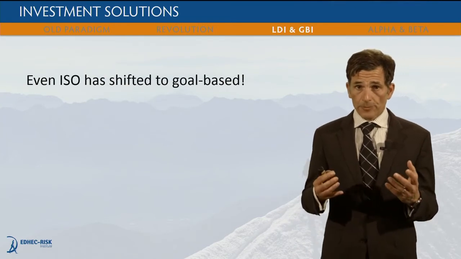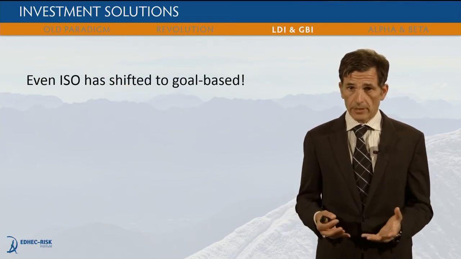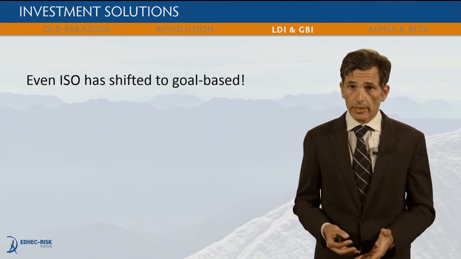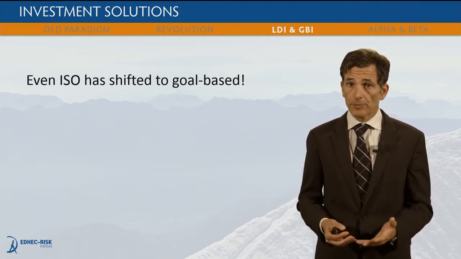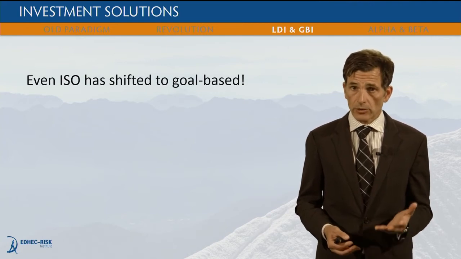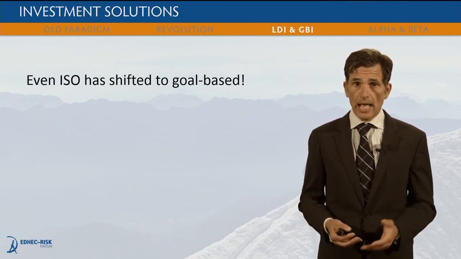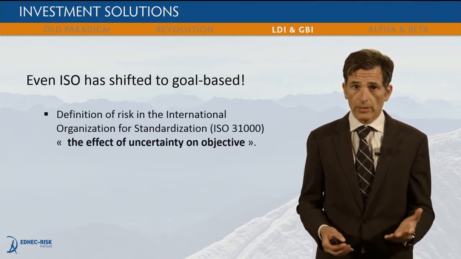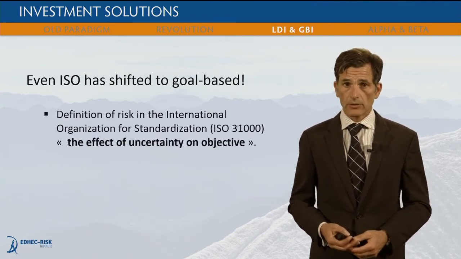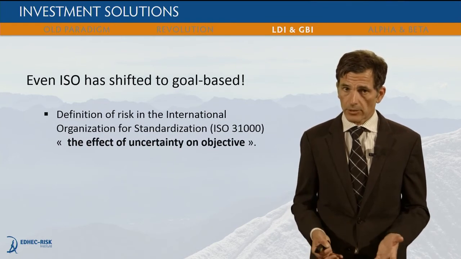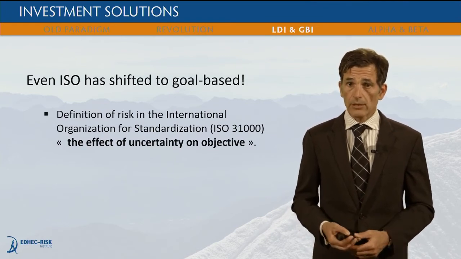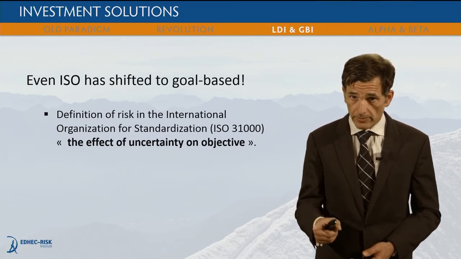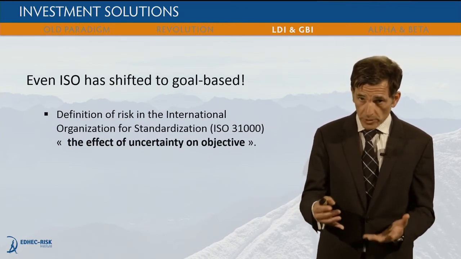This profound shift towards a goal-based framework is actually something extremely profound. Even ISO, the international standards, has shifted to a goal-based definition. If you look at the definition of risk in the International Organization for Standardization, risk is now defined as the effect of uncertainty on objectives, on someone's objective or someone's goal.